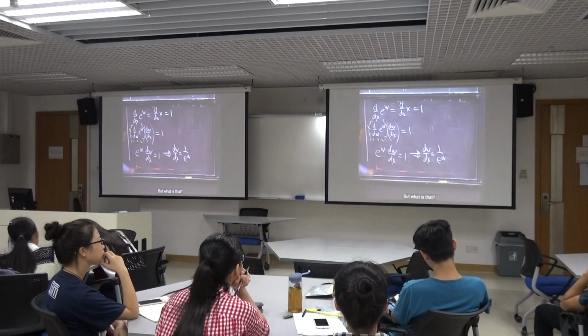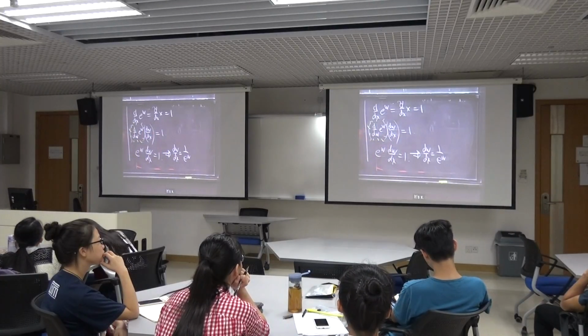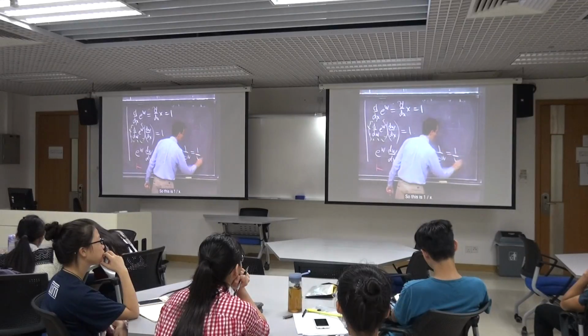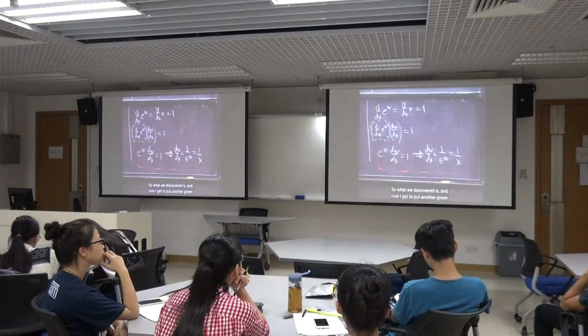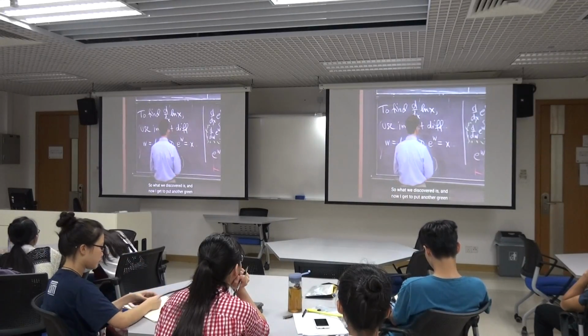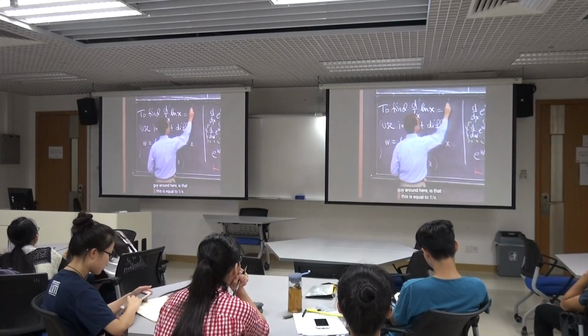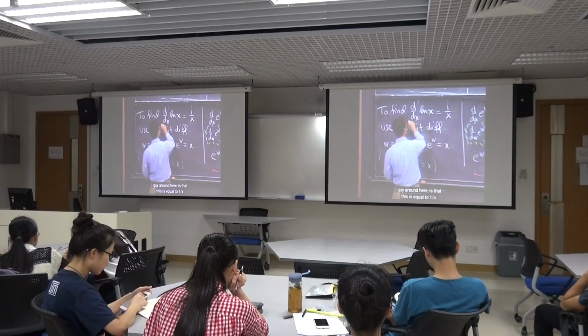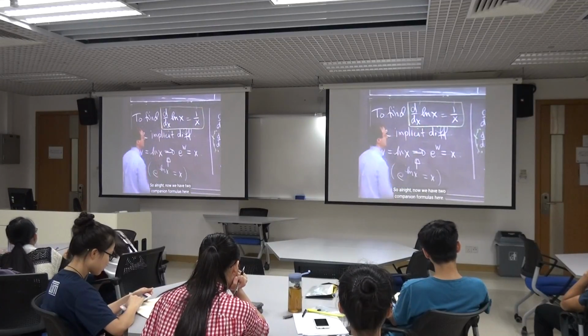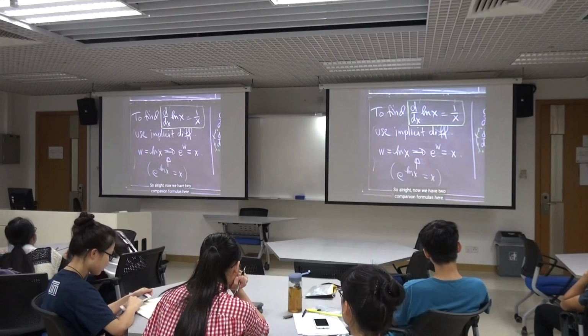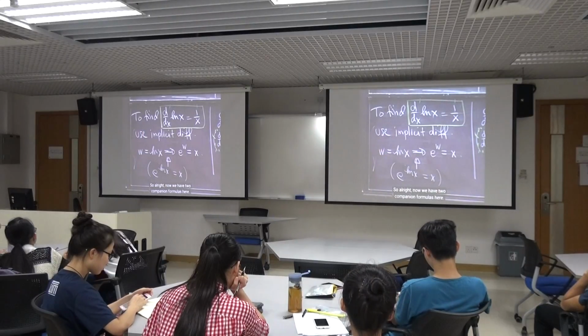But what is that? It's x. So this is 1 over x. All right, so what we've discovered, and now I get to put another green box around here, is that this is equal to 1 over x. It's also a very, very important result, okay? We need to use them.